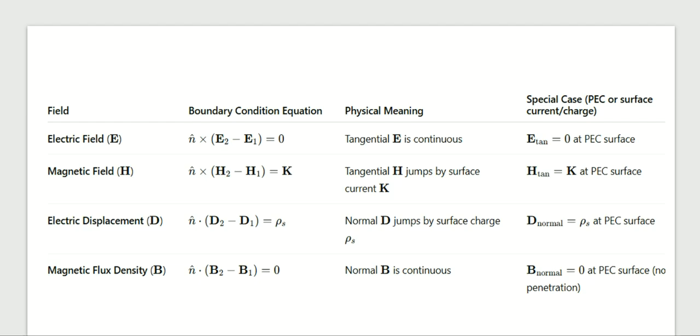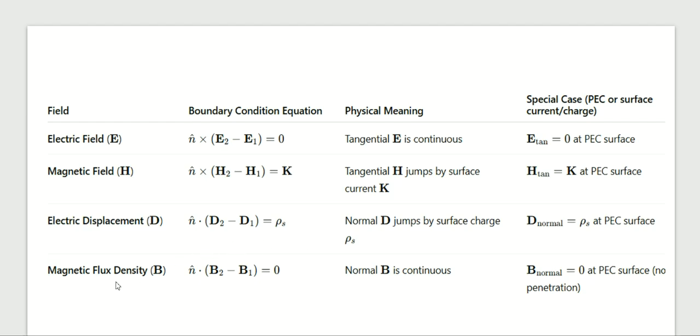They jump by surface charge density at the PEC surface, instead of current density or surface current. D in a sense separates the effect of free charges from bound charges. So it makes Maxwell's equations easier to understand and solve, because it provides a path for solving when you have free charges instead of bound charges.